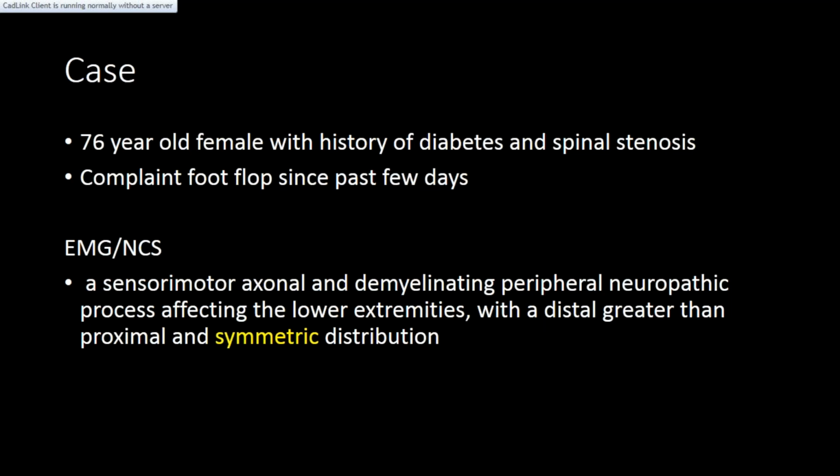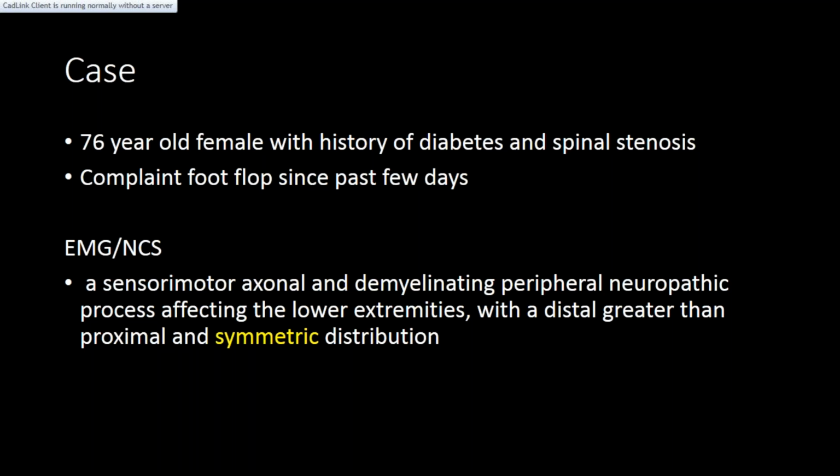The next case is a 76-year-old female with history of diabetes and spinal stenosis. She also has other comorbidities like hypertension, hypercholesterolemia, and she had swollen feet. She came with a complaint of recent onset of foot flop when she's walking, since the past few days.